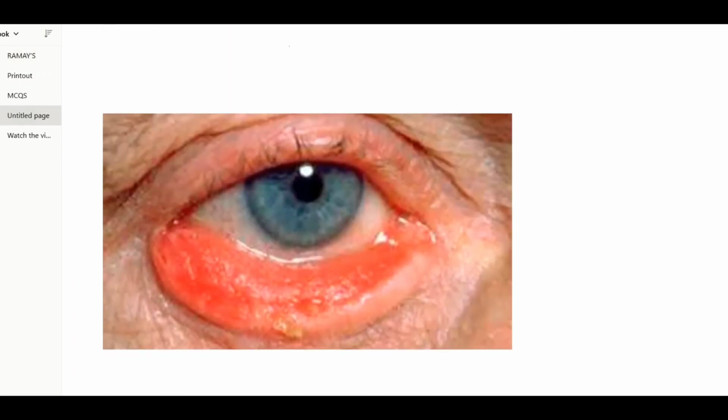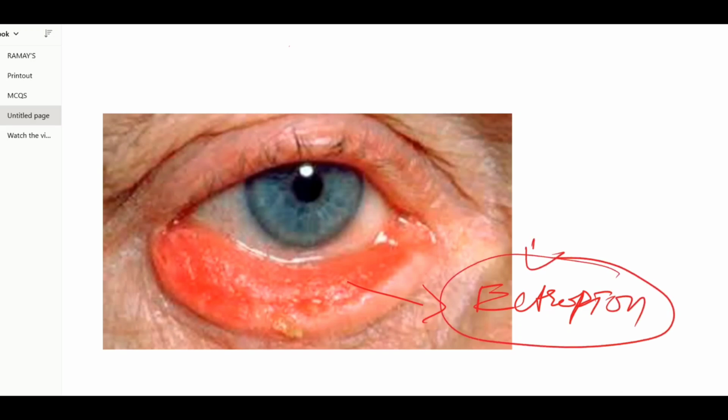Here you can see this is the ectropion due to the facial nerve palsy leading to paralysis of the orbicularis oculi muscle.